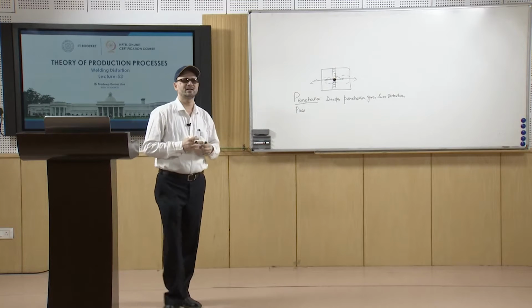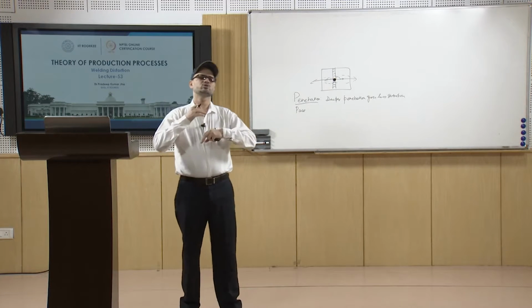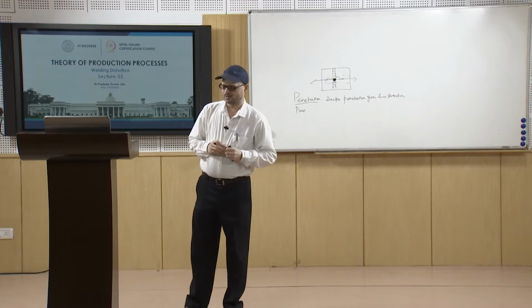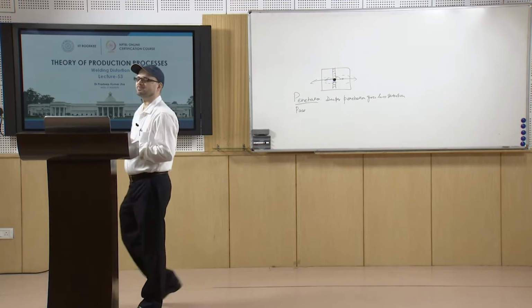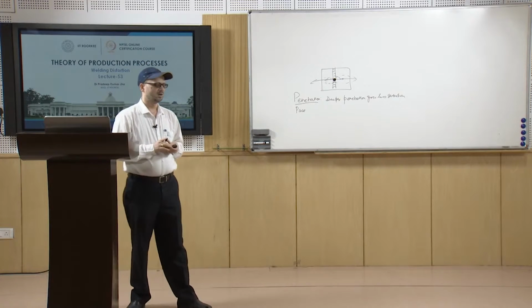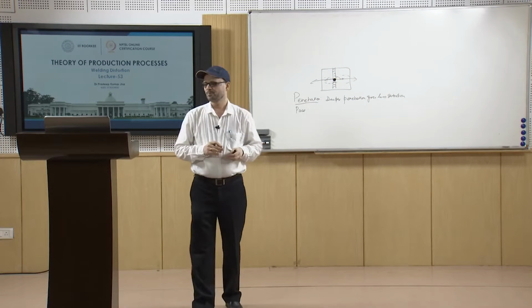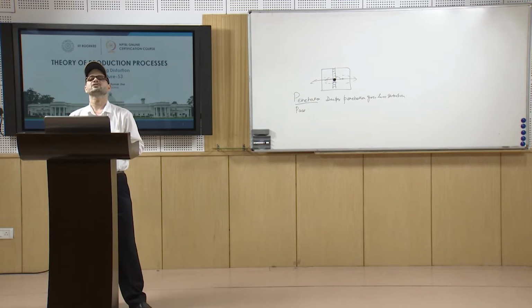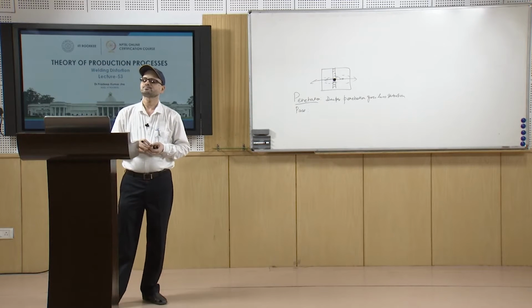Also, as we discussed in our last lecture, we should use processes like skip welding and backstep welding to reduce that distortion. That is another way by which the stresses are smaller.